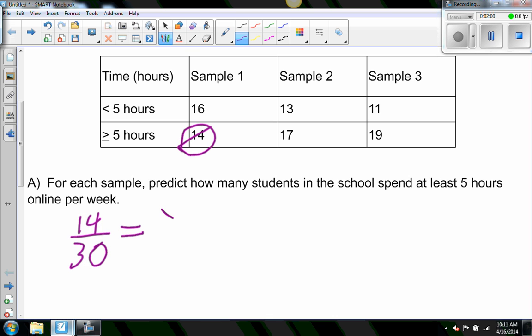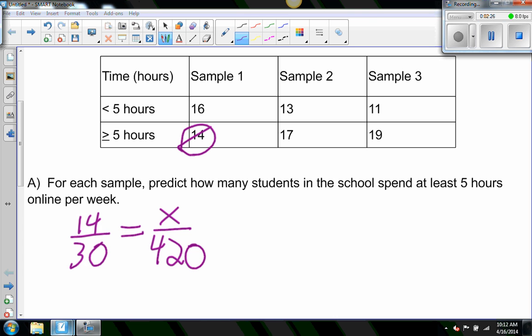And then I want to know how many will say that they have greater than or equal to 5 hours online each week out of my total, which is 420.